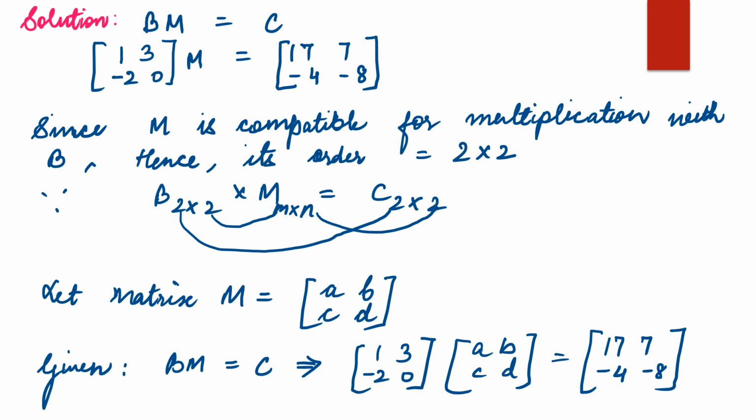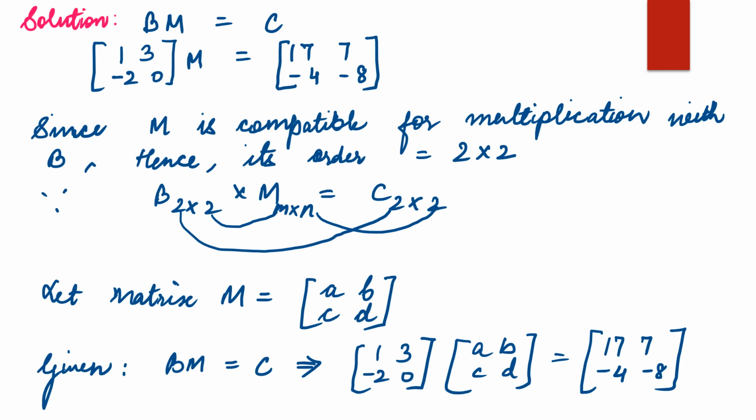The number of columns in B should be equal to the number of rows in M. Therefore m is equal to 2, and the order of M is 2 by 2.